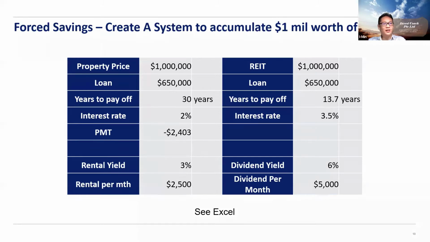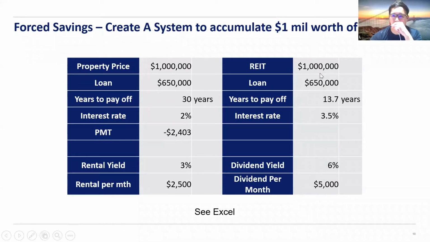Any questions on the calculation part? Anybody want me to reiterate any point? Sorry, just to check, your dividend per month, $5,000, how do you get that? 6% of 1 million.